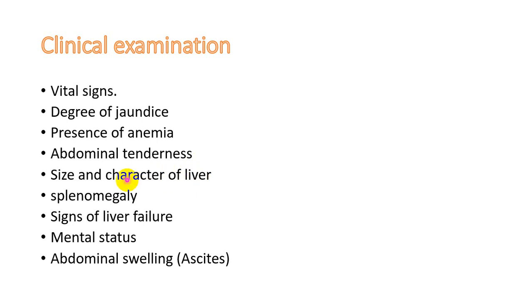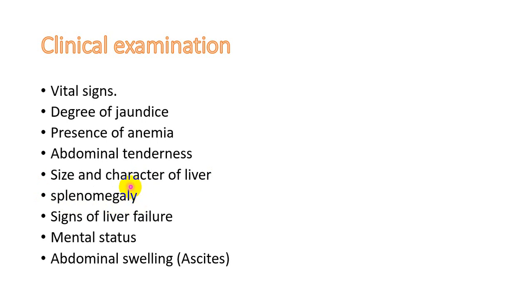The character of the liver is also important. Is it smooth and tender? That indicates an acute process, mainly during infection or inflammation, while hard and nodular could indicate underlying malignancies or cirrhosis again.